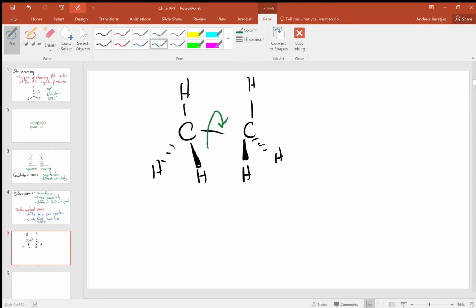What I'd like you to think about is how many different conformational isomers you can possibly come up with. So at this point, pause the video, take a few minutes, and put that model together.